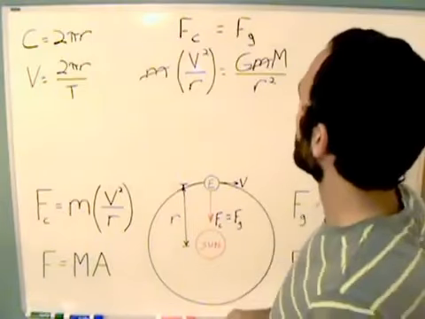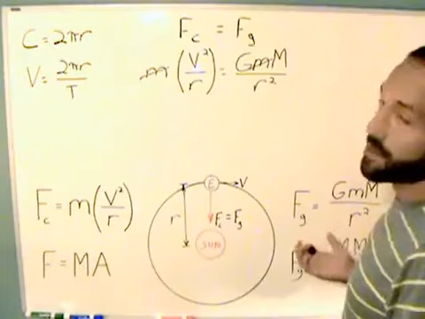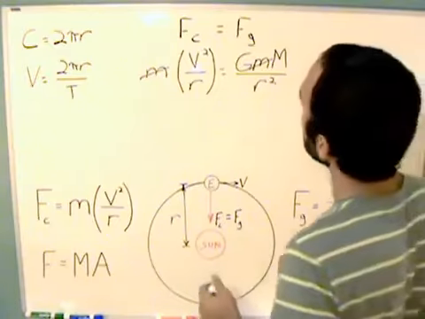But I'm not going to go through all the numbers. I'm just going to show the algebra to show how this was done. You can look this up. This is all over the internet.